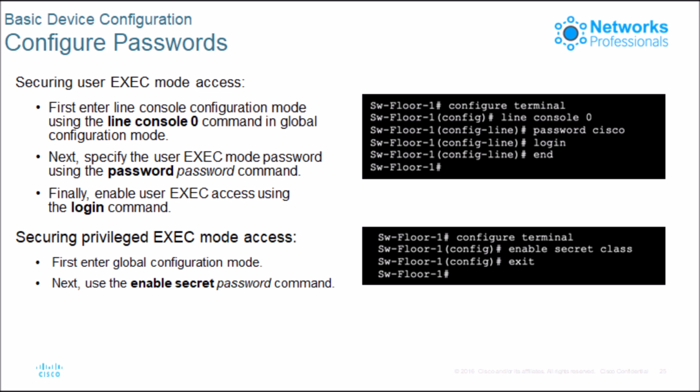It is the most important access method because it provides complete access to a device. When you reach privileged or global configuration mode, now you are the administrator in most cases and you can change anything on your router or switch.